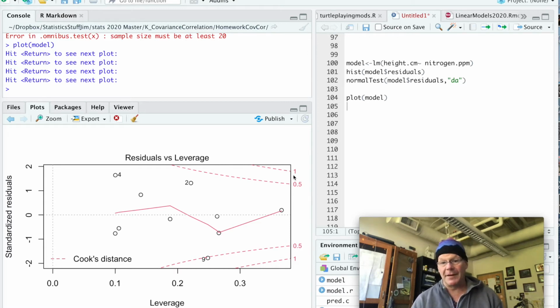You definitely want to be concerned if your Cook's distance exceeds 1. What we'd really like is for all of our data to be between these two red lines. And again, even our 9th value for our small data set here, maybe that's something that we decide we should be concerned about.